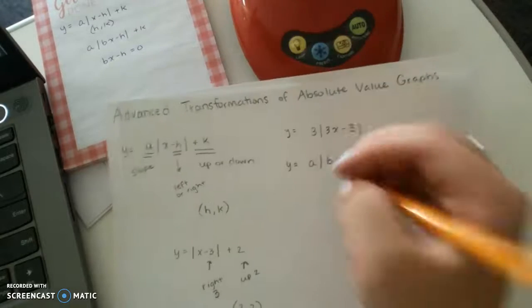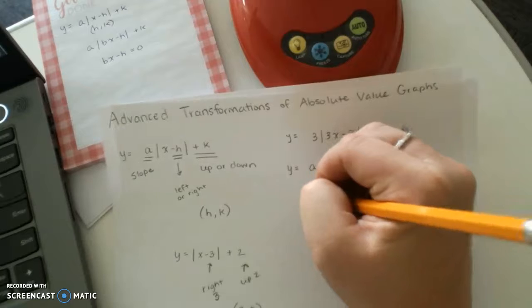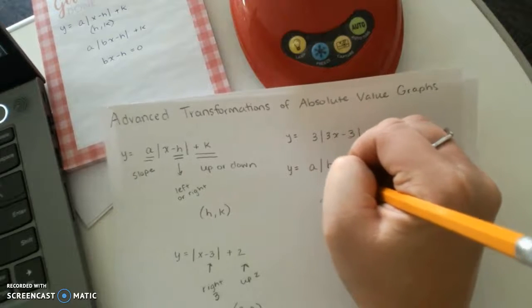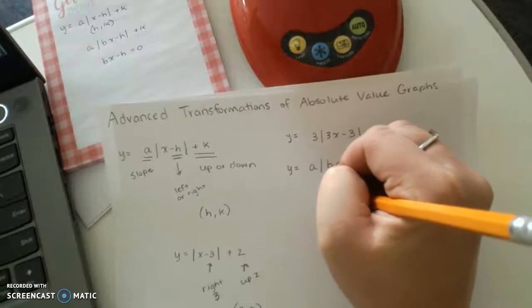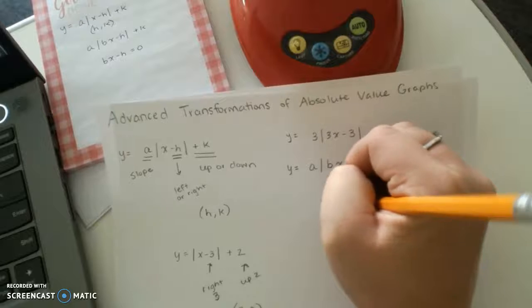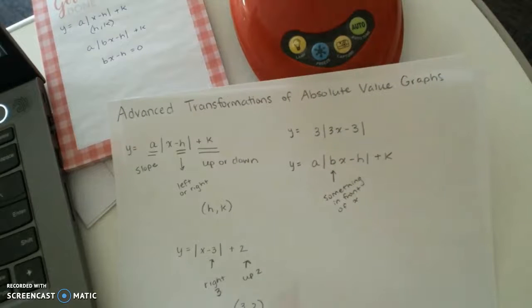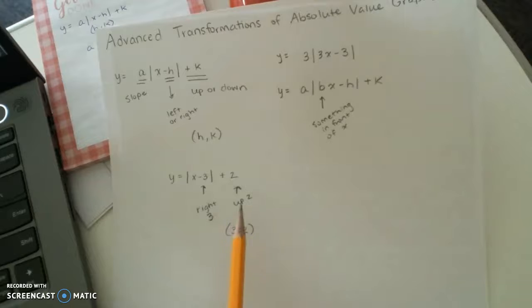So this means that there is now something in front of your x. Okay? Before, there was nothing in front of our x. We just followed our rules to graph it. But now there is something in front of our x.